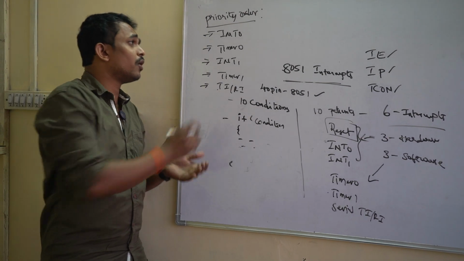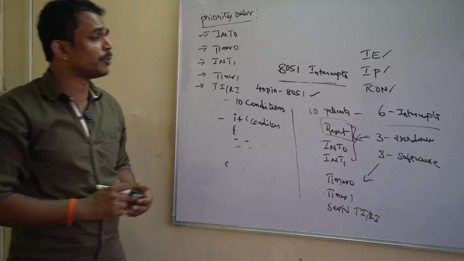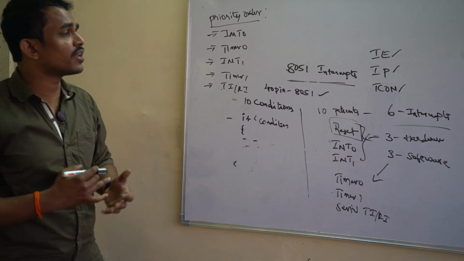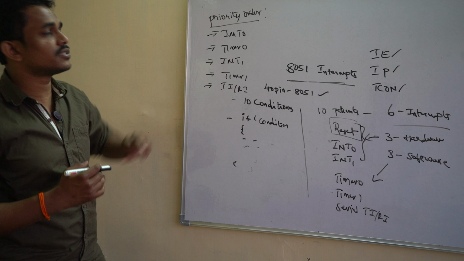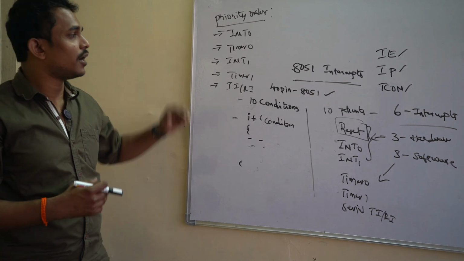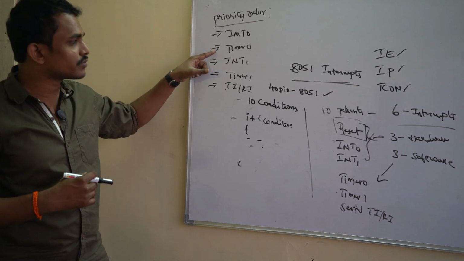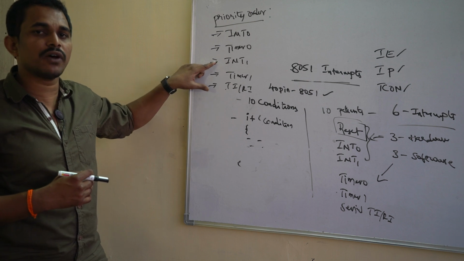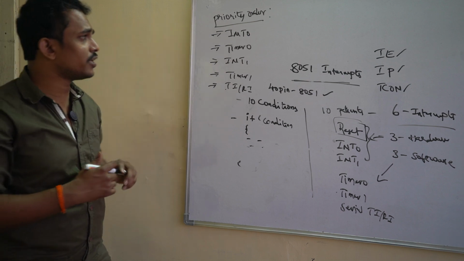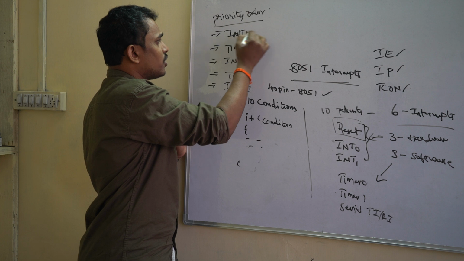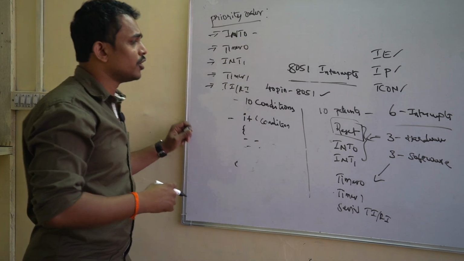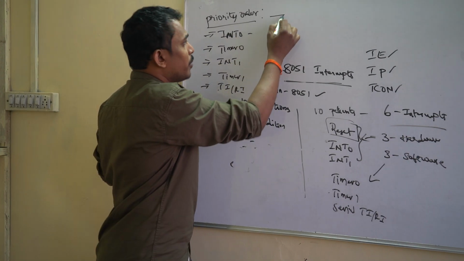How can you generate these hardware interrupts, and when will the INT0 task execute, when will the timer 0 task execute, and when will the INT1 task execute? For the INT0 task to execute, you have to generate one high to low pulse.